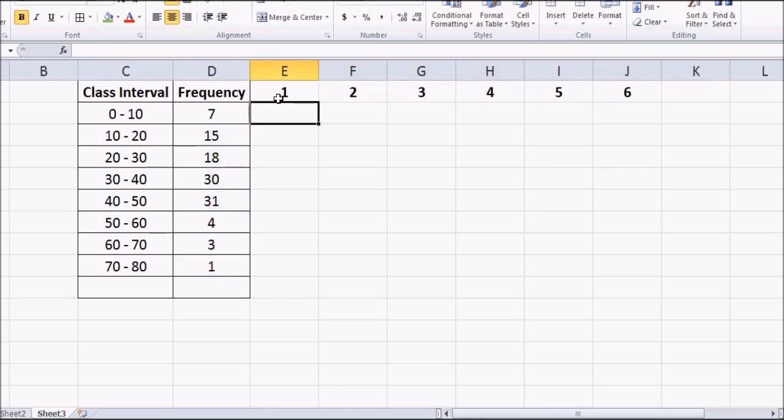Here the first one we will take 2 at a time, and sum them up. Next, drag it down. Next, I'll have to take the sum from here onwards.